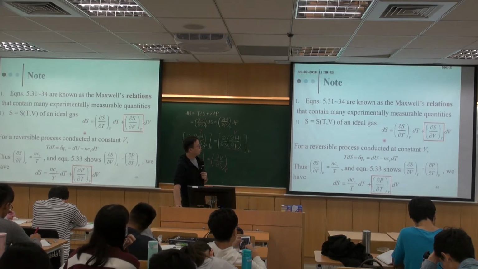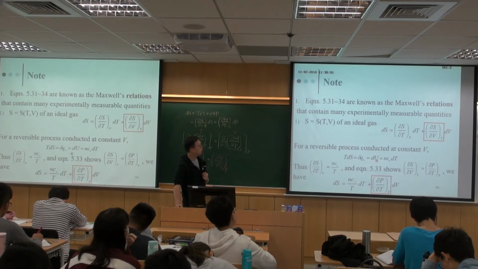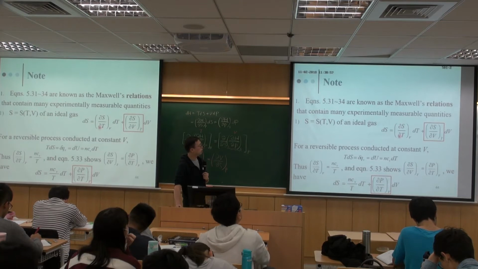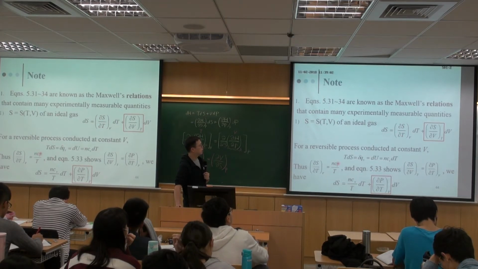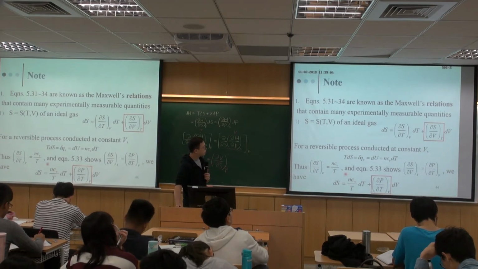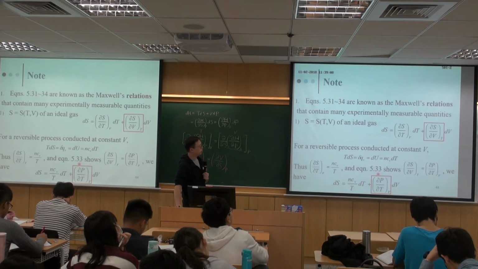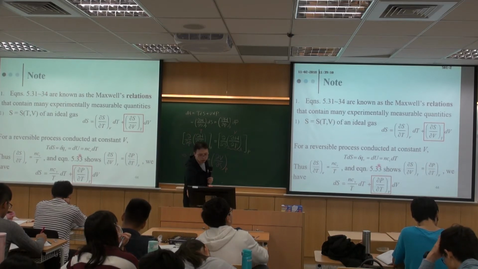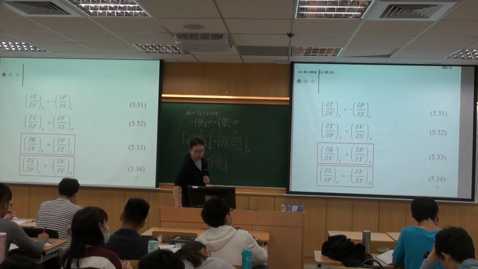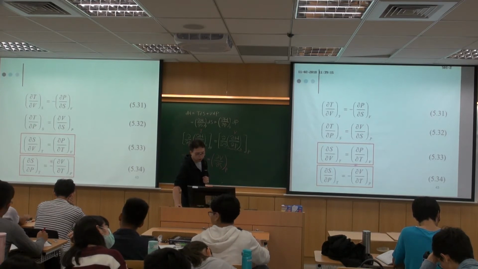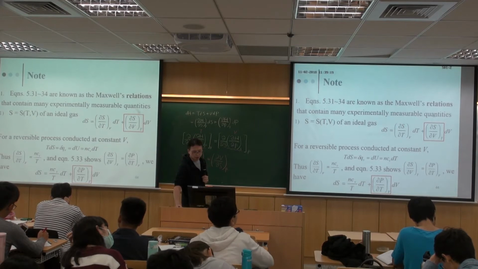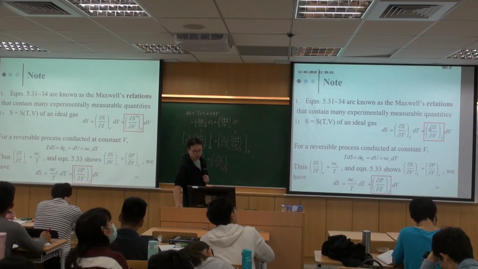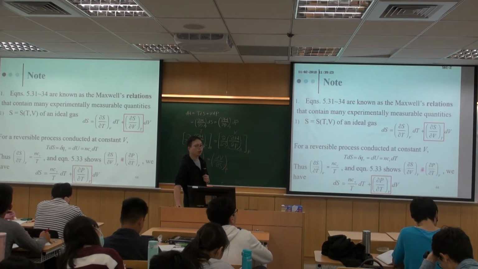Okay, so we know from the first law that this partial S, partial T, this first term, is actually n times C_V over T. And equation 5.33, I think this one, the boxed one, if you use this relation, then you can replace this seemingly hard to calculate term with something that we can handle.